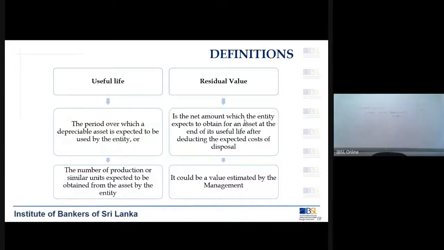Therefore, most companies assume the residual value to be 0 when they purchase the asset.